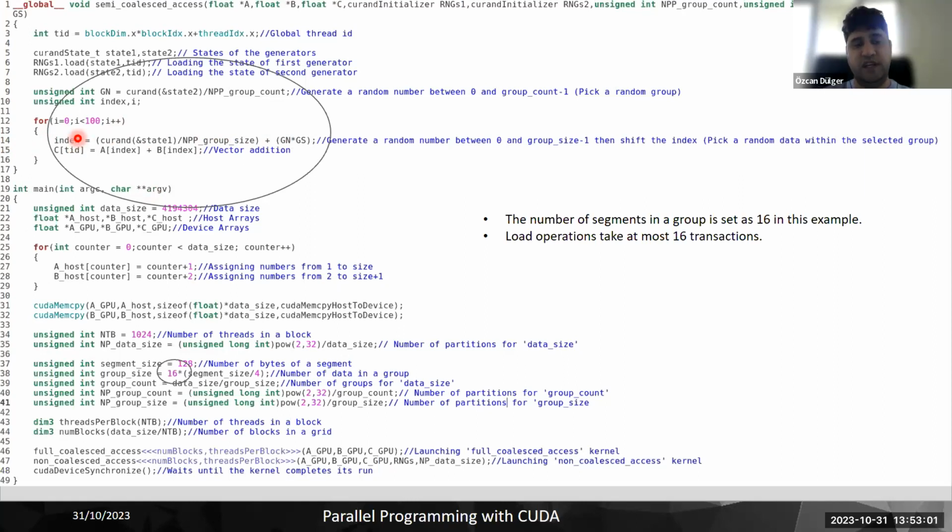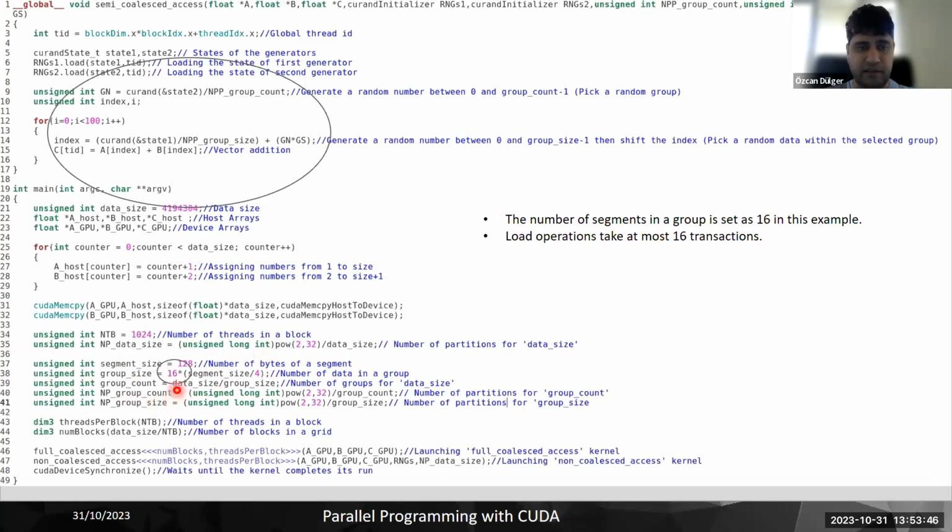So we are trying to read the value from the given group, and we take a random number within this group, and we try to read A and B within this group. In this example, there are 16 segments in a group. We set the number of segments in a group as 16. So that means the load operations in A and in B take at most 16 transactions, because we have 16 consecutive segments in the group.